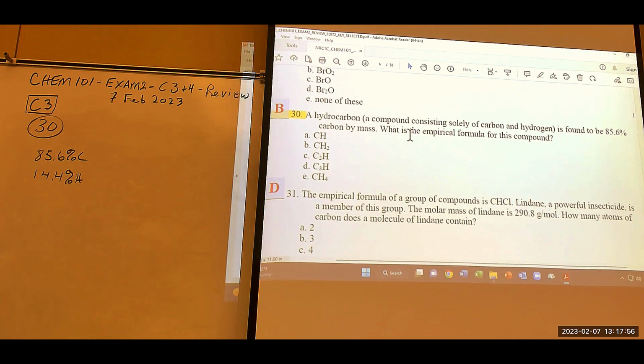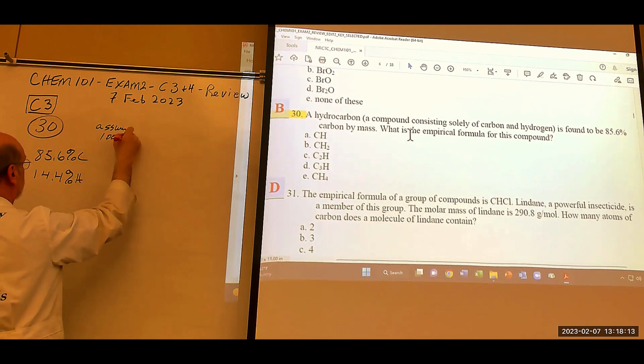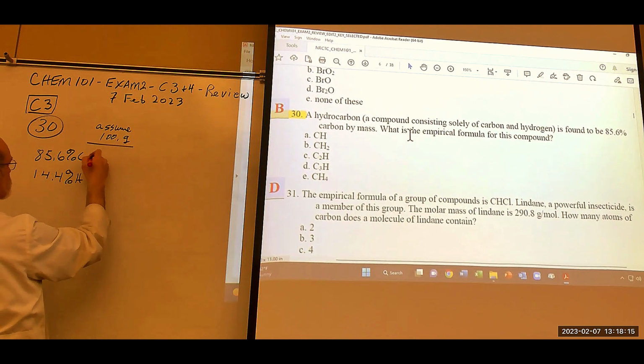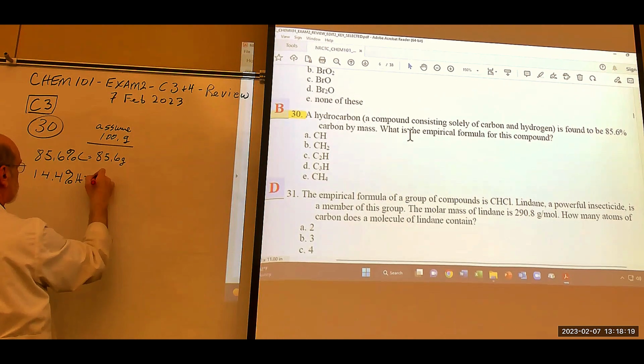Yeah. Okay. So to find the empirical formula, we're stuck there unless we make an assumption. The sample size is 100 grams. Assume 100 grams. Now we can call this 85.6 grams. We've got something to work with.